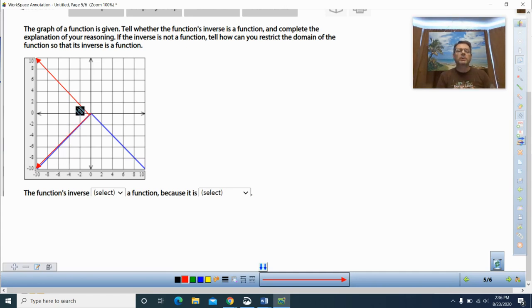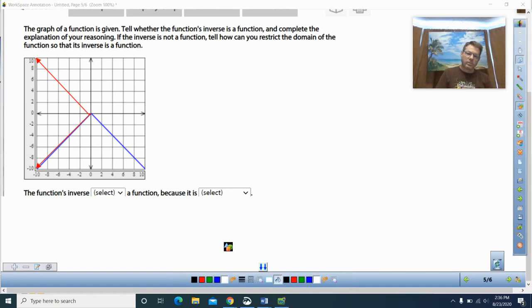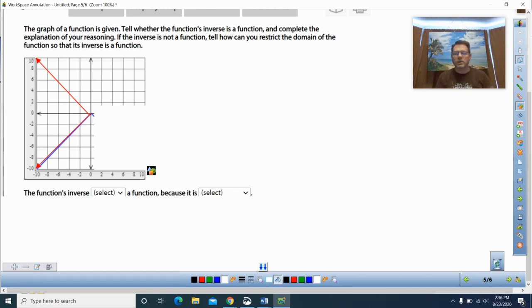Well, what could we do to the original function that would make it be okay? Let's see if I can get my magical box to show up. Yeah, maybe this will work. What if this part of the function never existed?